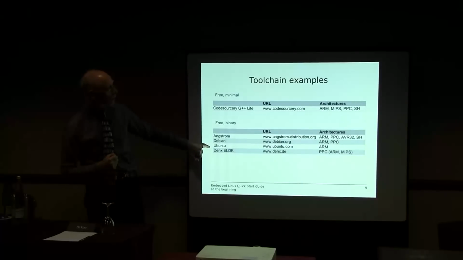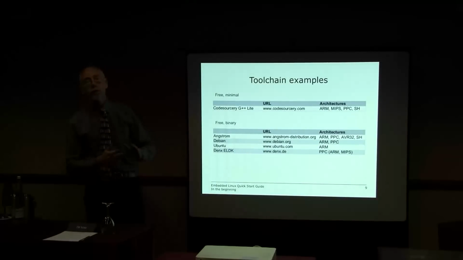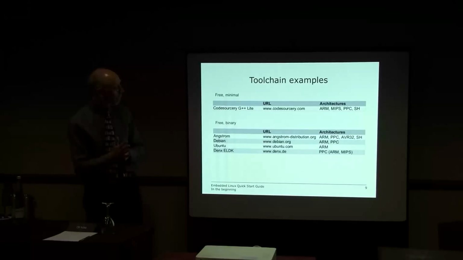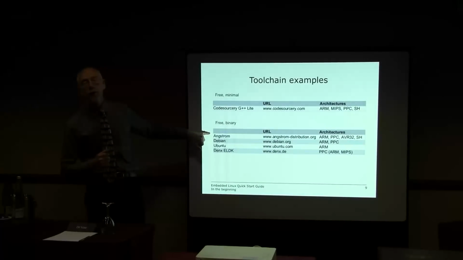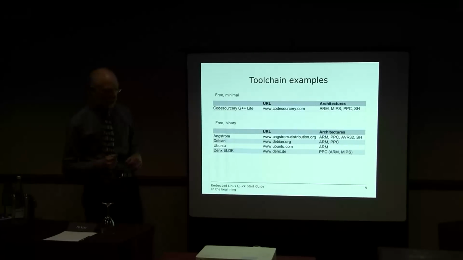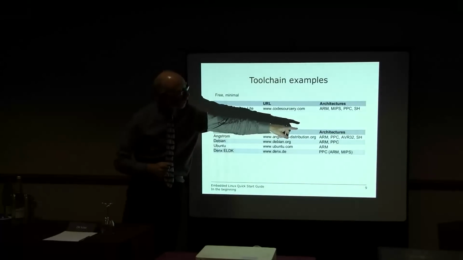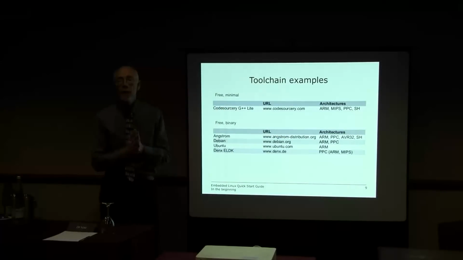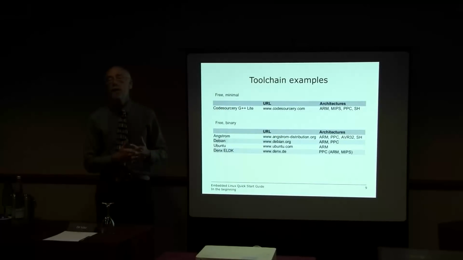This group here are a collection of binary toolchains for various processors. The one we'll be using is from the Angstrom distribution, which is a community-based toolchain, and it supports a fairly wide range of processor types, especially ARM. It supports all the various ARM architectures, so it's a very good choice for that.